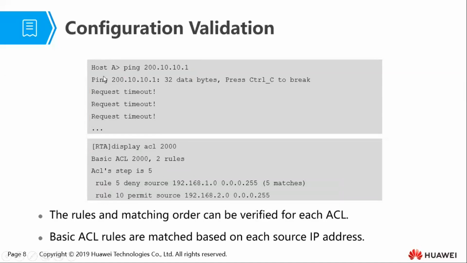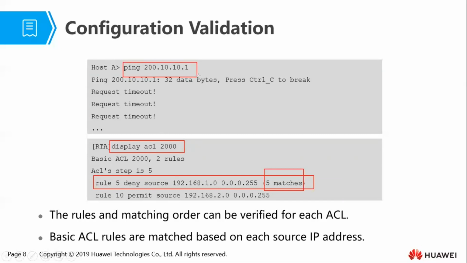And that's why when we do display ACL 2000, we can see that on rule 5, we have 5 matches, because when we did the ping, 5 ICMP requests were sent out, and all of them were discarded, and it was captured. So far, we've had 5 matches on this particular rule.